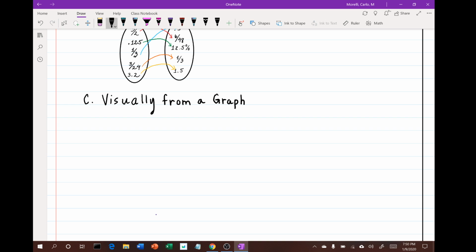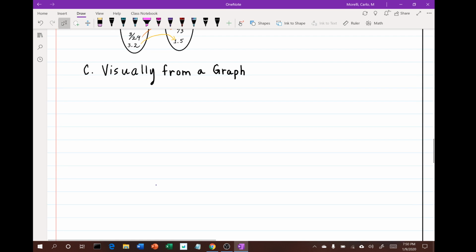What do I want to say about this? Visually. Okay, so that's C sub point 1. We need to talk about the vertical line test.